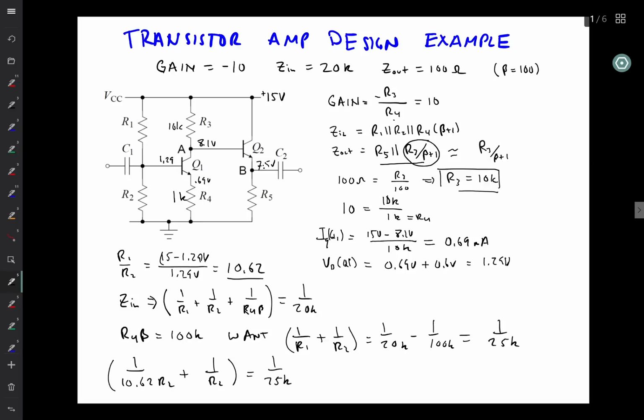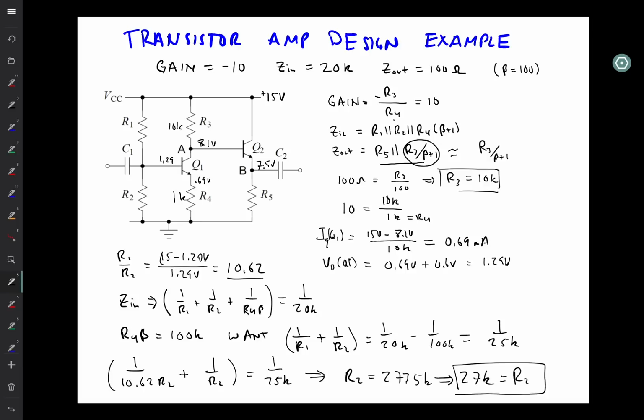And if I work through the math, what I get is that R2 should be equal precisely to 27.35K, which I'm going to round up to 27K. So that would be equal to R2. That would put us in the approximate range of our input impedance.